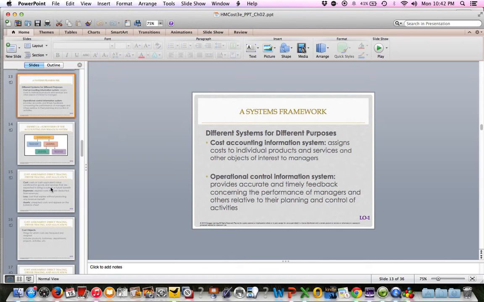Operational control information systems are continuously providing accurate and timely feedback concerning the performance of managers and others relative to the planning control activities. So some of that could be, we budget for so many machine hours to produce a product.